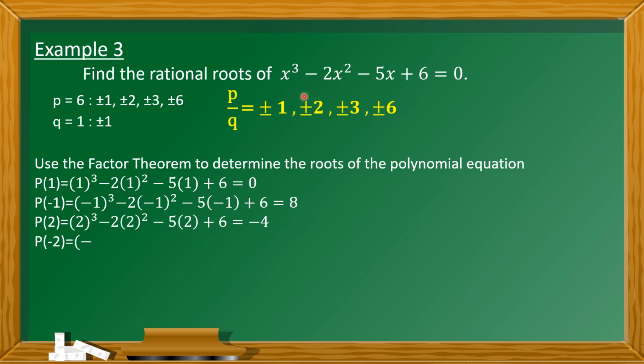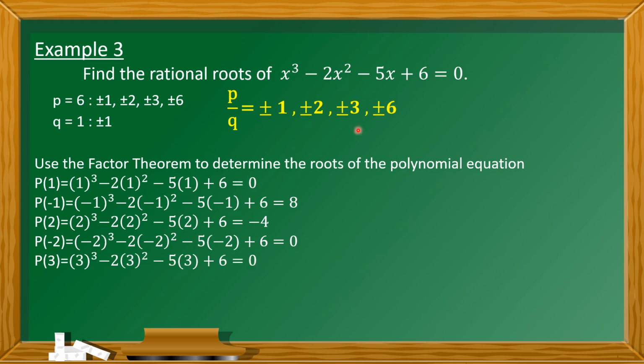For P of negative 2, we have negative 2 cubed minus 2 times negative 2 squared minus 5 times negative 2 plus 6 equals 0. For P of 3, 3 cubed minus 2 times 3 squared minus 5 times 3 plus 6, and that is equal to 0.